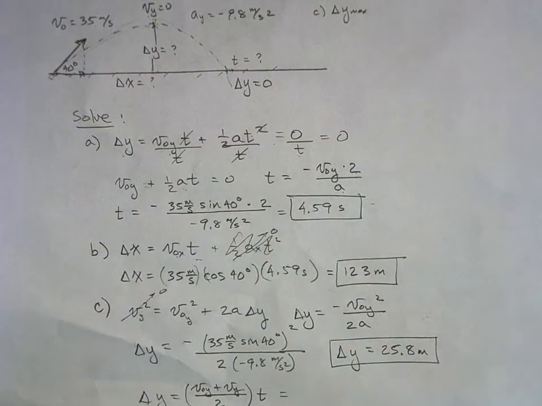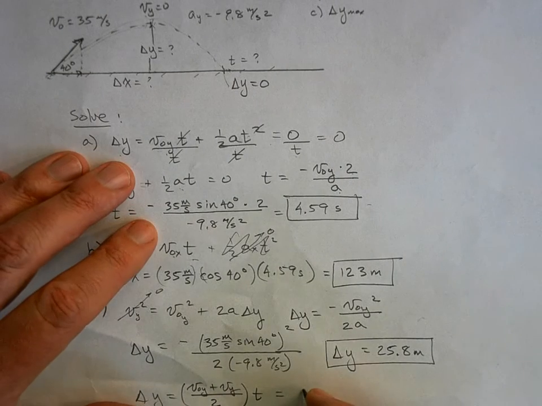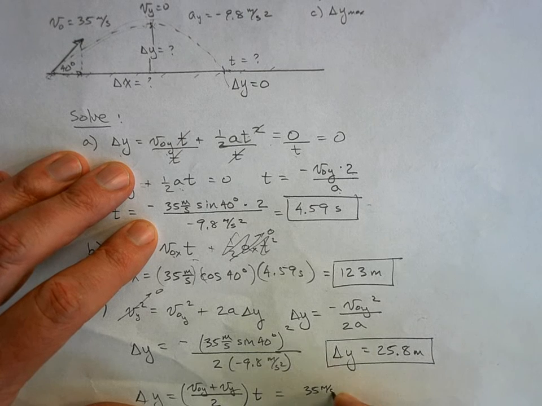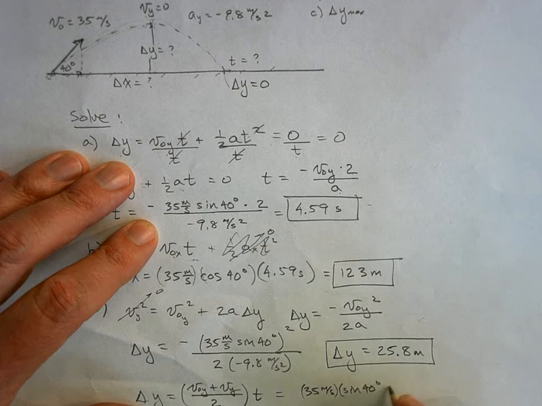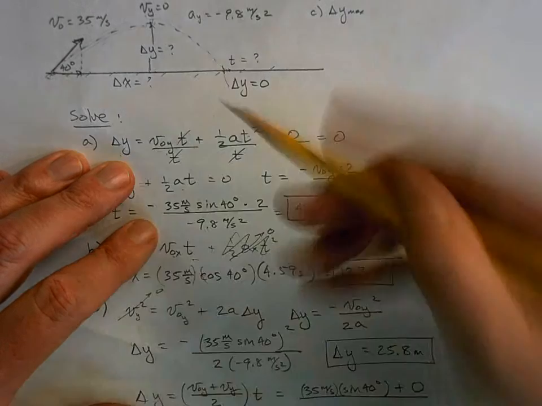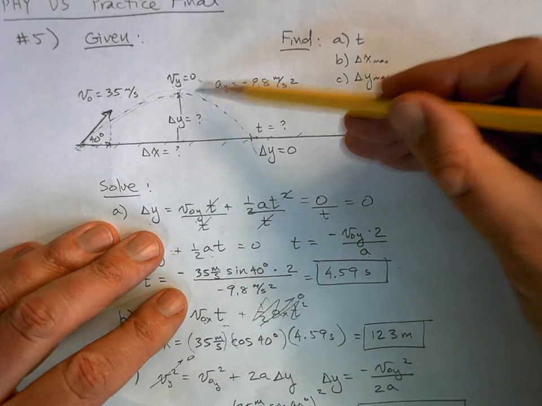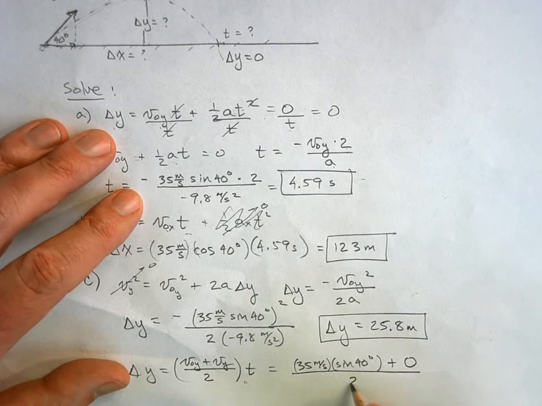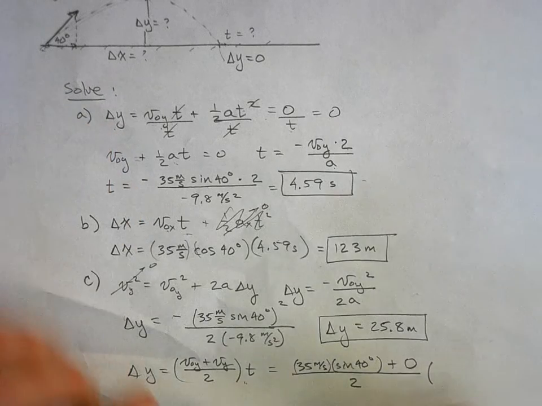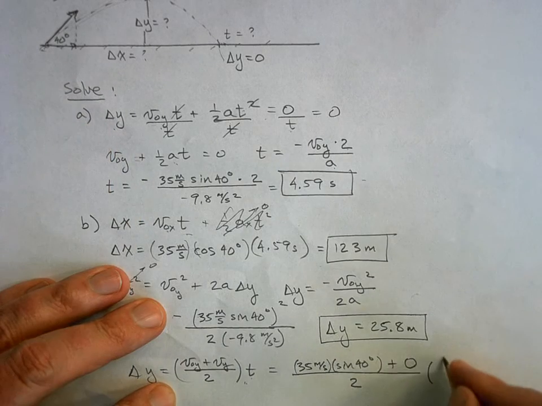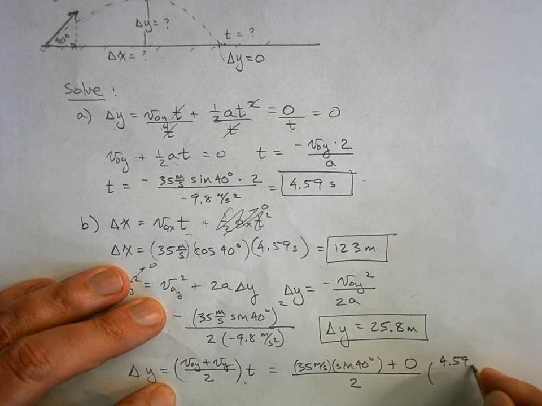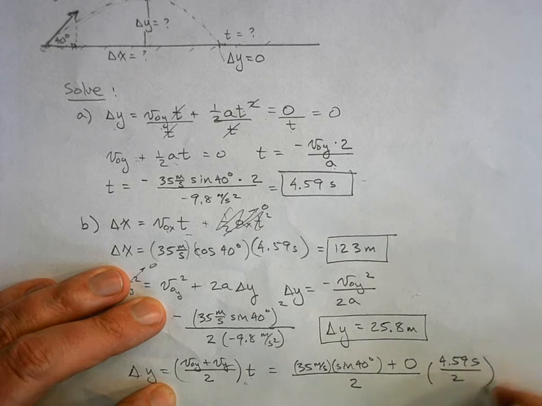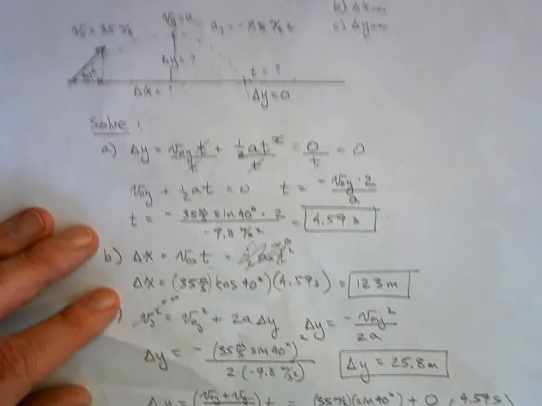It takes half the total time to get to the maximum height. So v naught y, that's 35 meters per second times the sine of 40 degrees plus 0, because up here vy is 0, divided by 2, and then I have to take the time, which I calculated to be 4.59 seconds, but I have to divide it by 2 because it's happening halfway there.